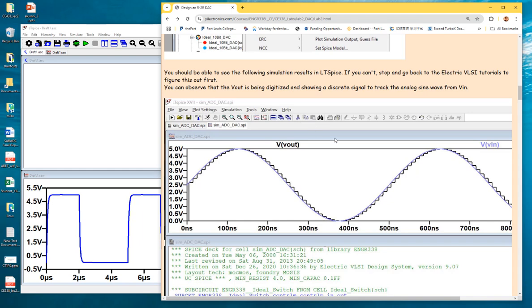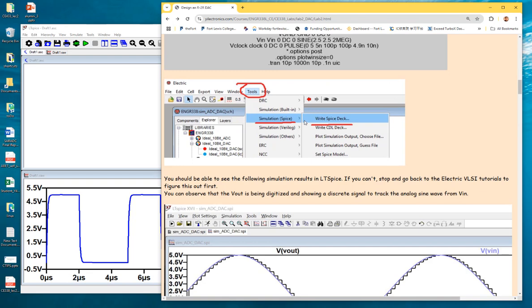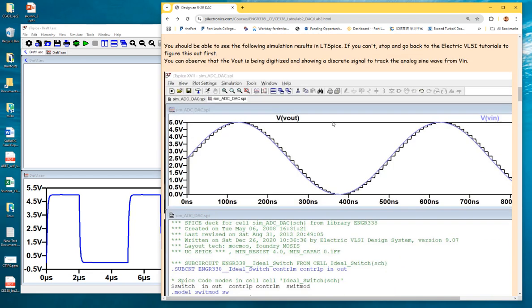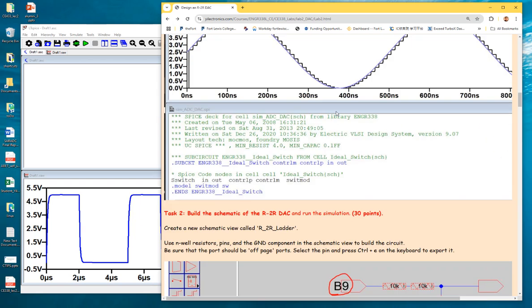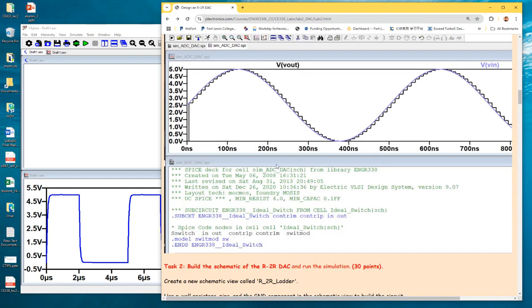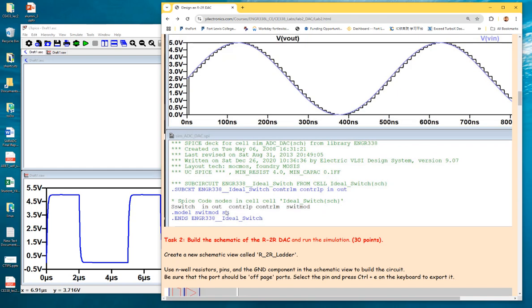In that case, you don't have a schematic, so you cannot double click and probe, because the schematic is in Electric VLSI. What's brought into LT-SPICE from Electric VLSI is something called a netlist, or SPICE code. It converts everything to the netlist, which is put into LT-SPICE to run the simulations. You can see it's written on this day by Electric VLSI, this version, and this SPICE code.